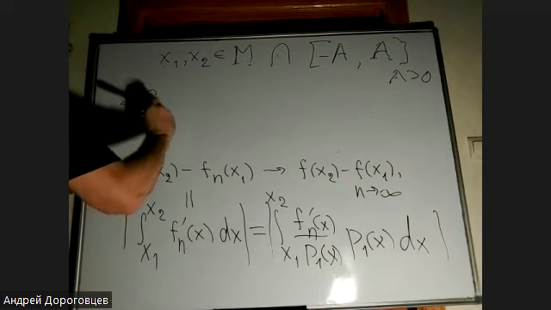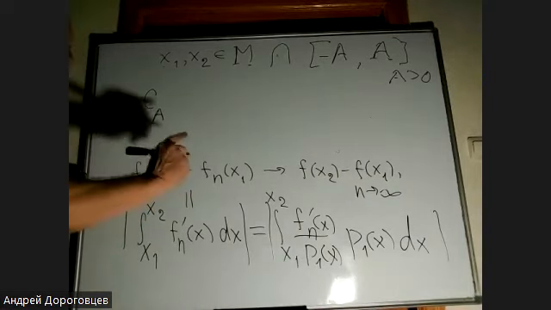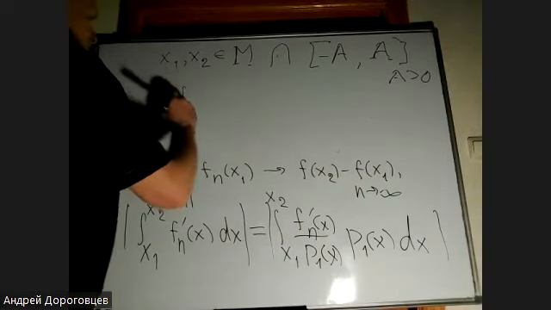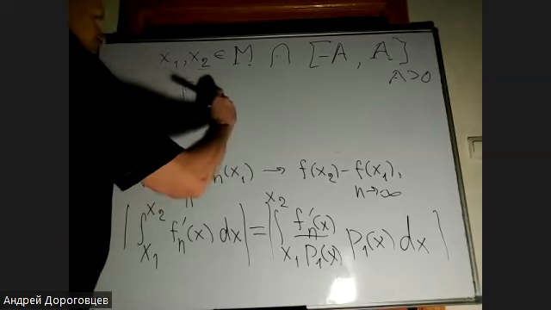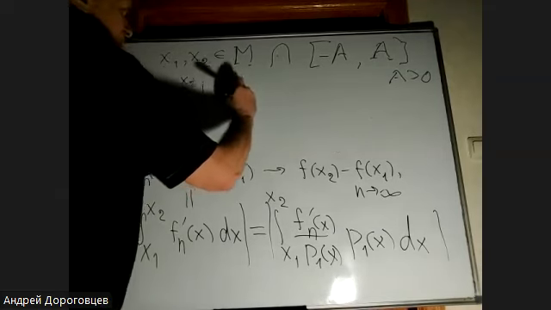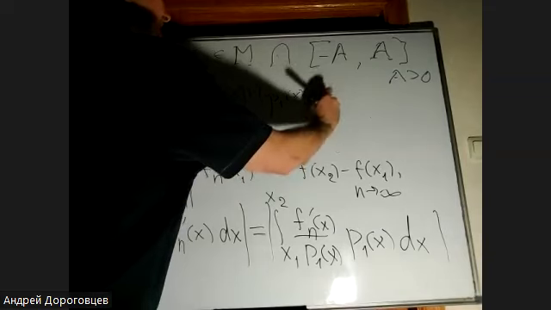It depends on this interval A, but only on this interval. And here is the integral from x1 to x2 of the absolute value of fn prime of x times p1 of x dx.